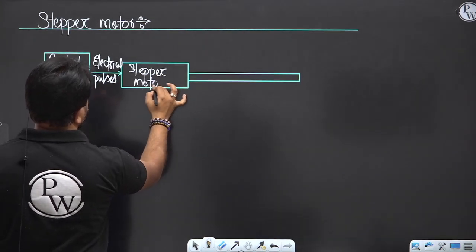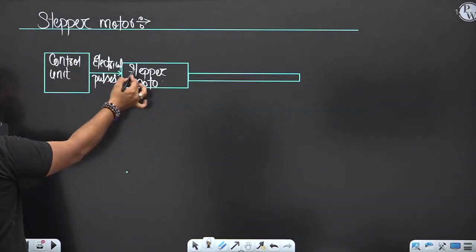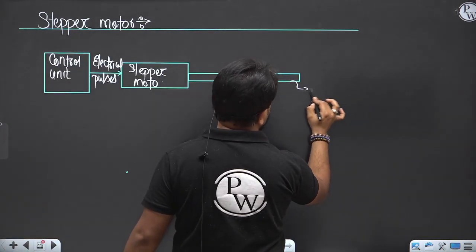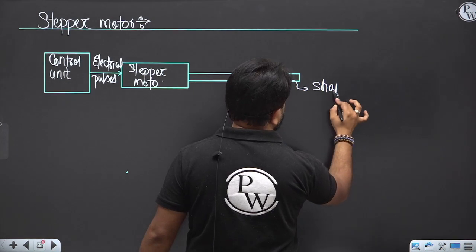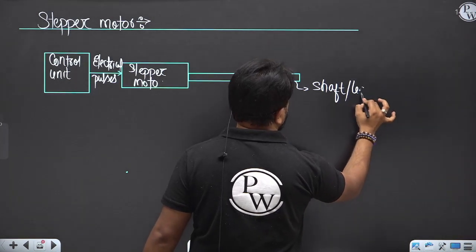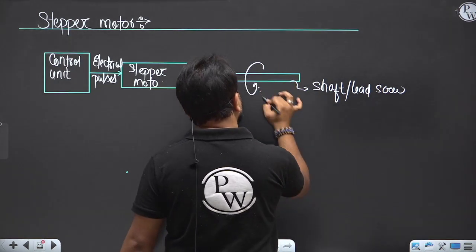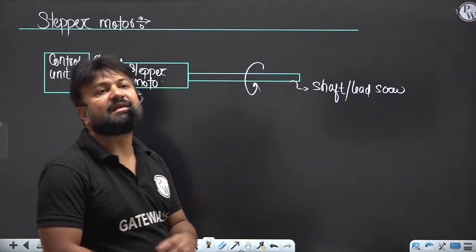This is a special type of motor. When the electrical pulse is received by the stepper motor, then the shaft or lead screw will rotate through a specific angle.